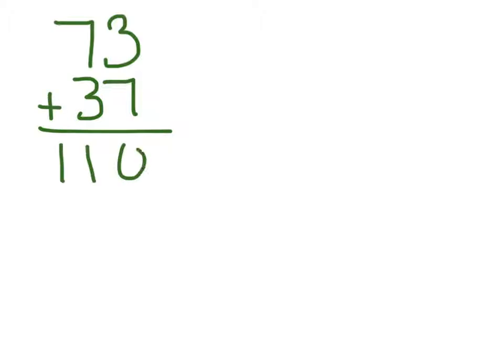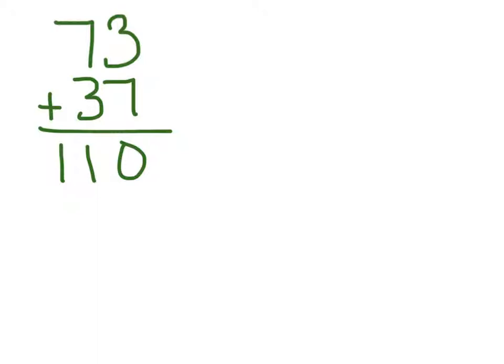Sometimes in your calculations, though, you will run across a number that needs more than one number added to it. For instance, 73, if you reverse the numbers, you get 37. If you add those together in your calculator, you will get 110. 110 is not a palindrome. From this side, it's 110, and from this direction, it's 011, which is not the same.